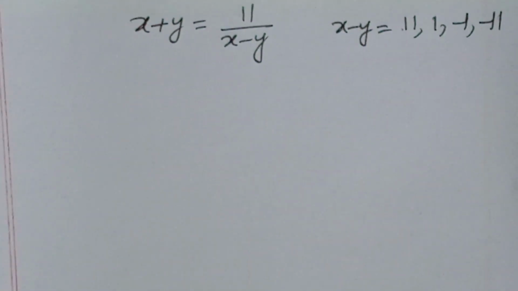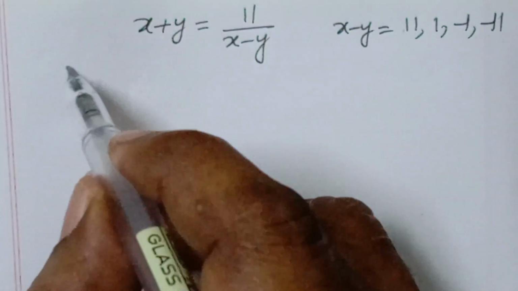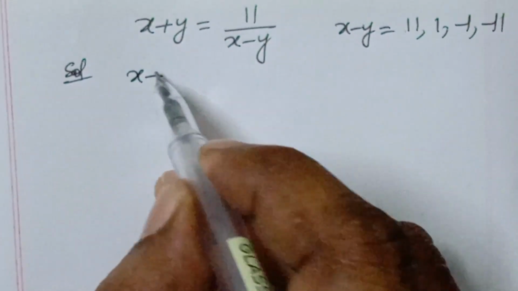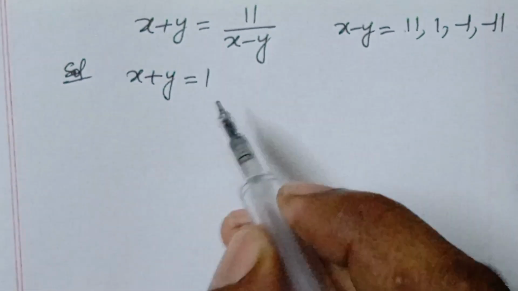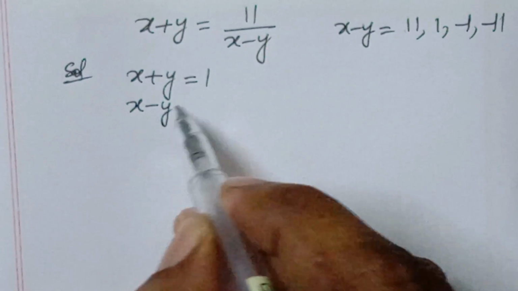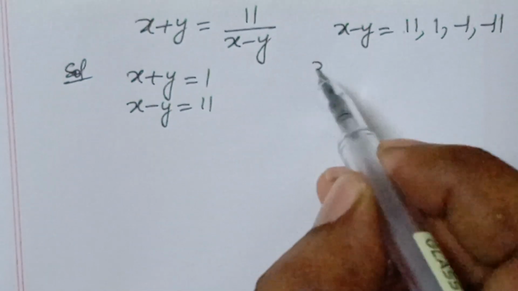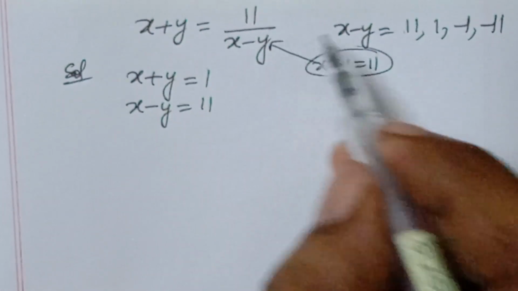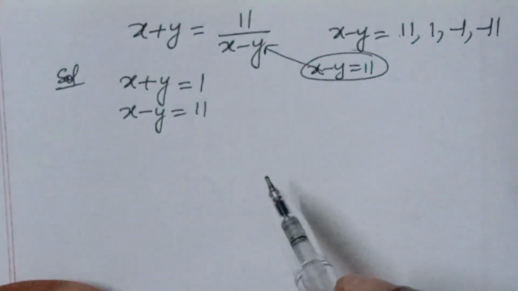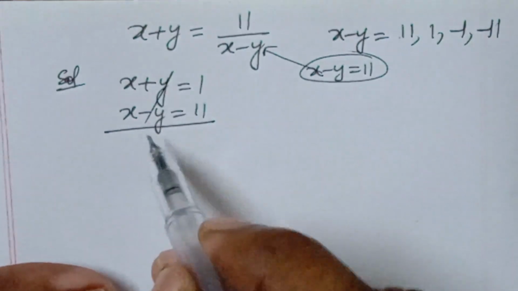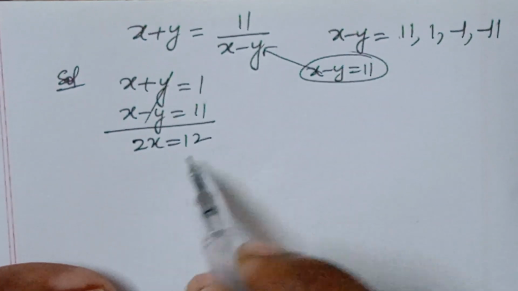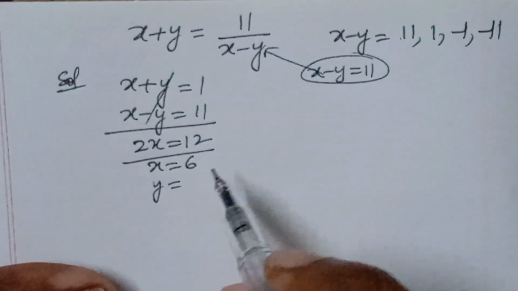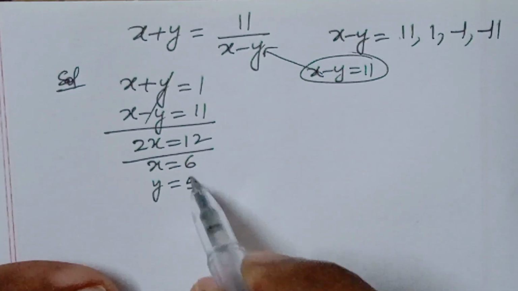Now if you substitute these values here, I am doing one value, I am taking 11. X plus y is equal to 1, x minus y I am taking 11. So if you substitute here 11, you will get x plus y 1. So here 2x equal to 12, x equal to 6, y is equal to 5.